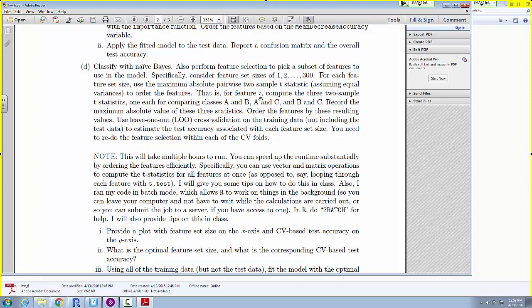So suppose we have a big number for comparing A to B. Then in at least one sense, this feature is informative.